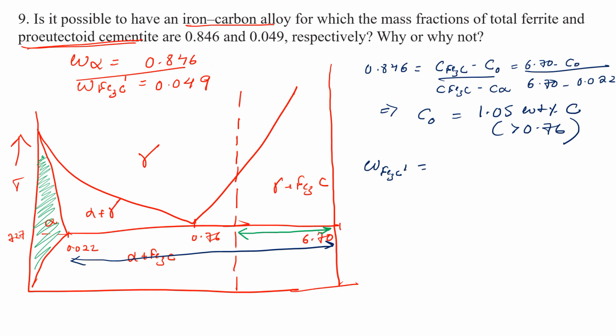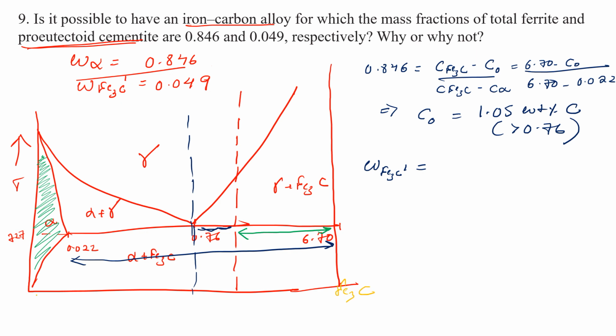So now we write the same equation for pro-cementite. For pro-cementite, we should take this part divided by the total of this part, right? So pro-eutectoid cementite, this is the cementite phase.